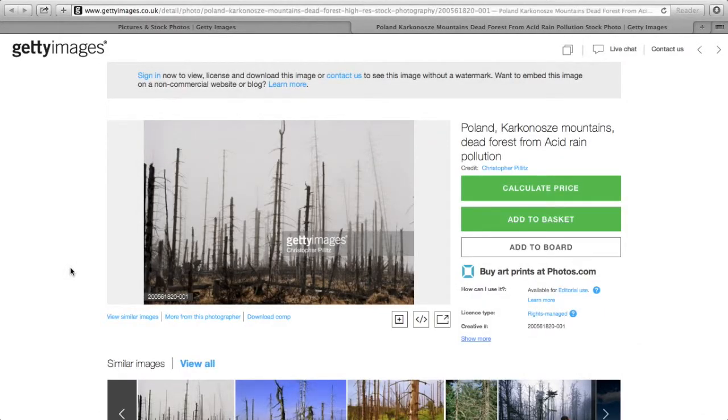Now this one was by Christopher Politz, and this is an example from Poland, and it's the worst I've seen. Like, I just came across this now, looking through this page at the same time as y'all.